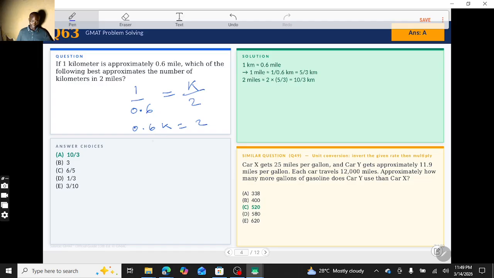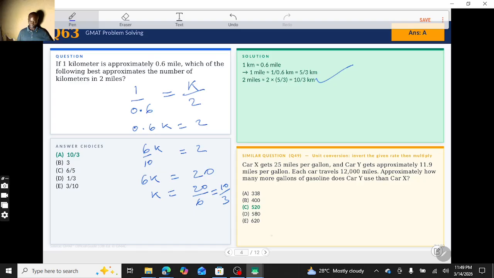But 0.6 is the same thing as 6 over 10 k equals 2. Again, 6k equals 20. k equals 20 over 6. 20 over 6 is 10 over 3.